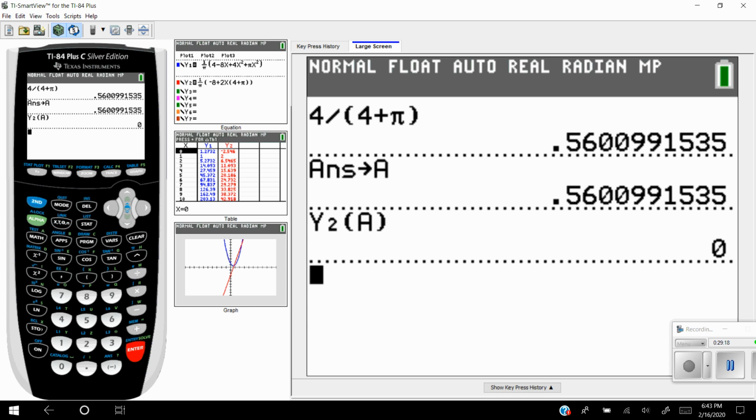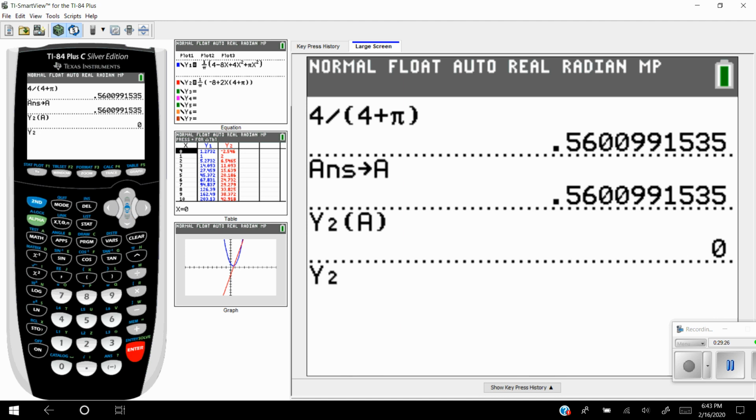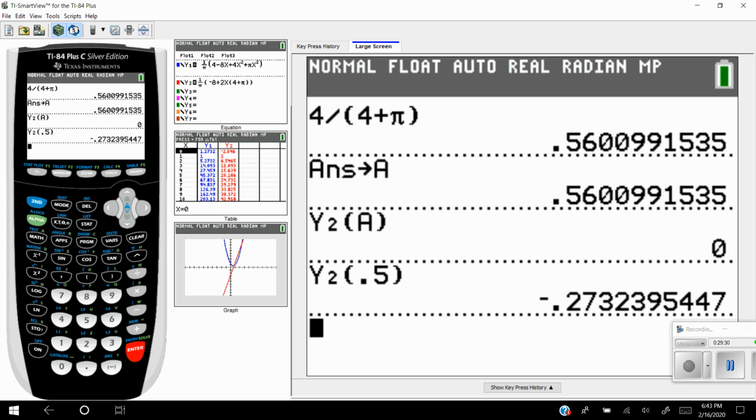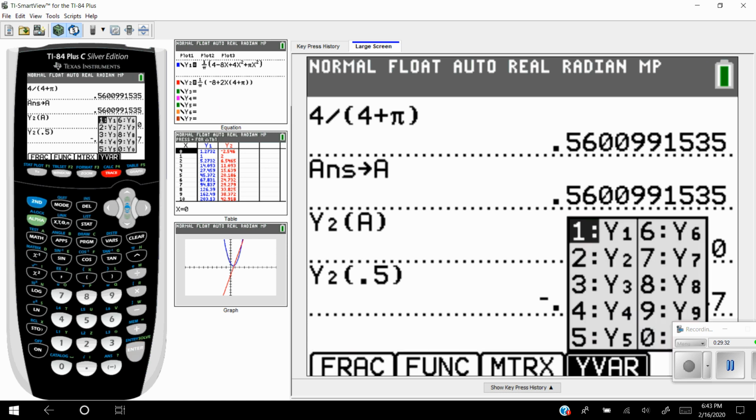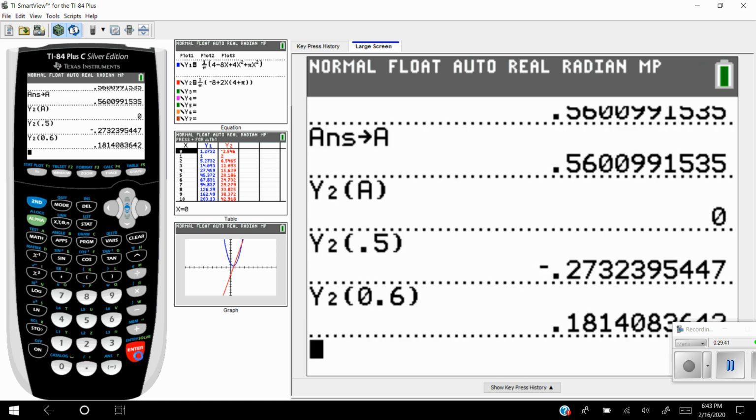We wanted to test values to the left and right. So to the left, this derivative in y2 would be like 0.5. And to the right, I'm going to use 0.6. And I get a negative and a positive.